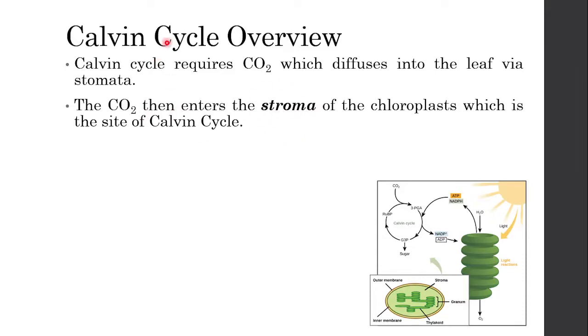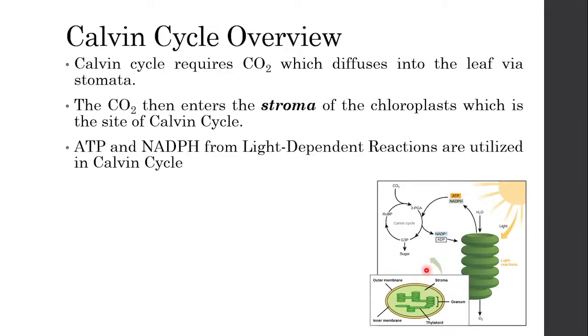What that means is that the Calvin cycle happens in the stroma, as opposed to the light-dependent reaction, which happens on the thylakoid itself, on the grana. The Calvin cycle happens in the fluid part of your chloroplast, not the thylakoid.